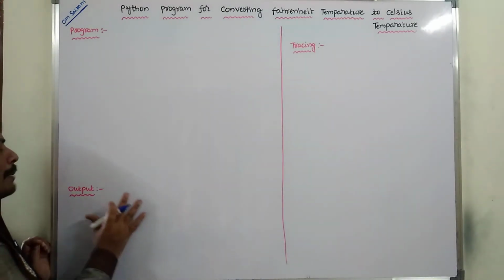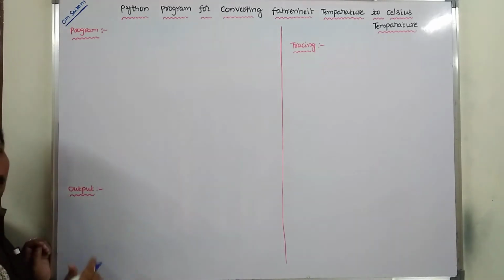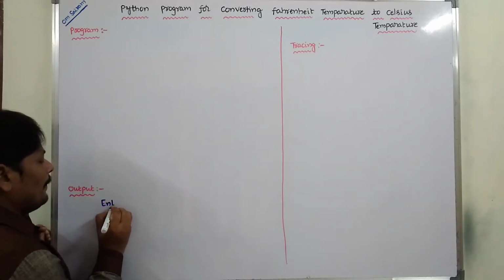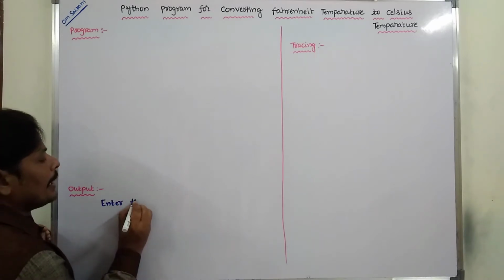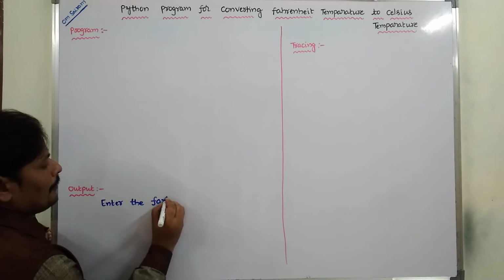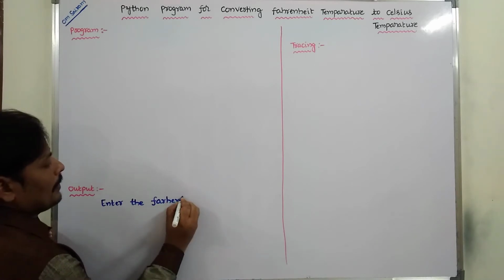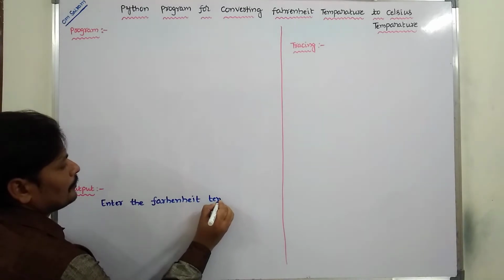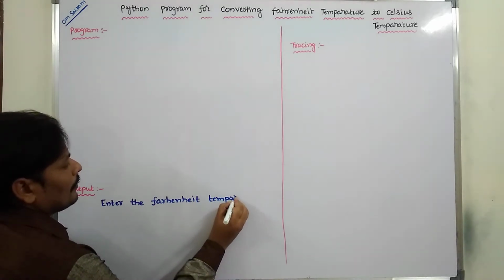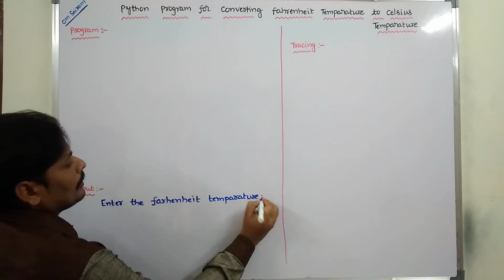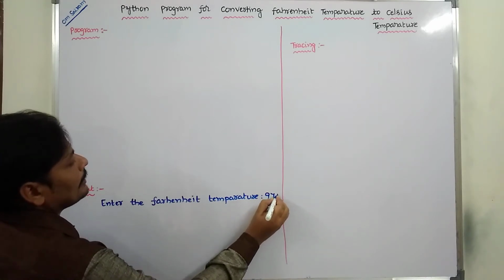First, from the output, I have to write the program. Enter the Fahrenheit temperature. That is 97.5.